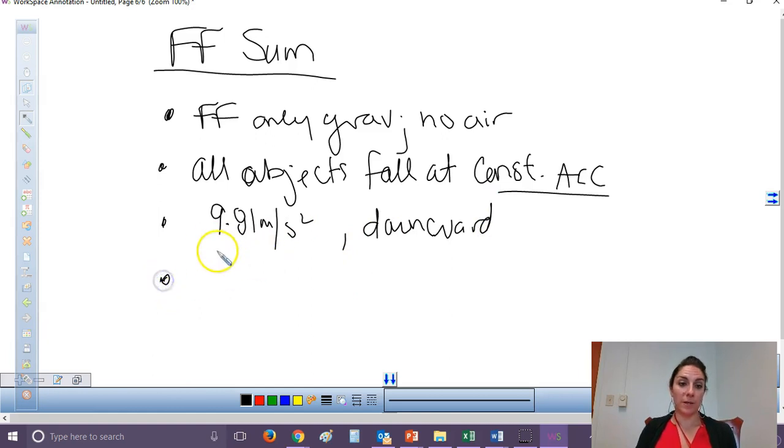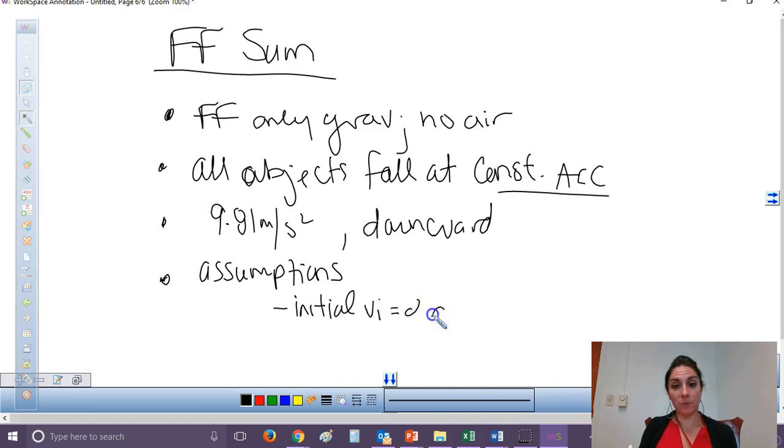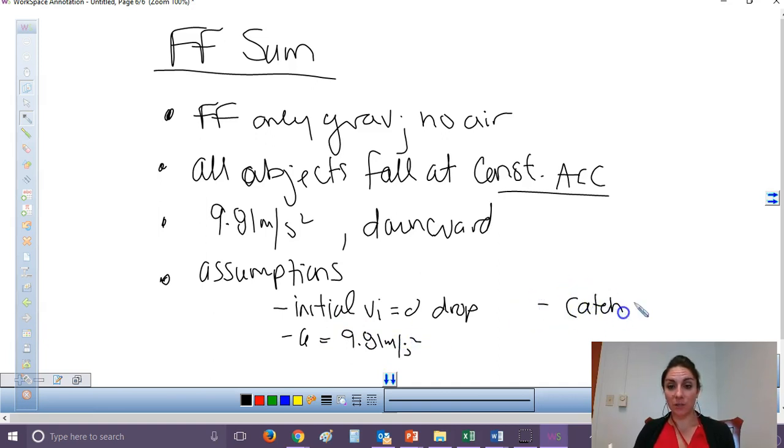Remember that you make many assumptions during free fall, including that the initial velocity for dropped is 0, and that a is always given. If you catch the ball in the same spot that you released, the velocities are the same, but one will be positive for up and one will be negative for down.